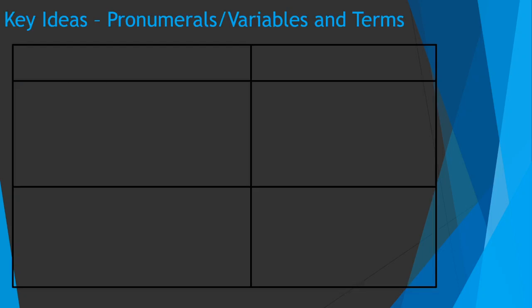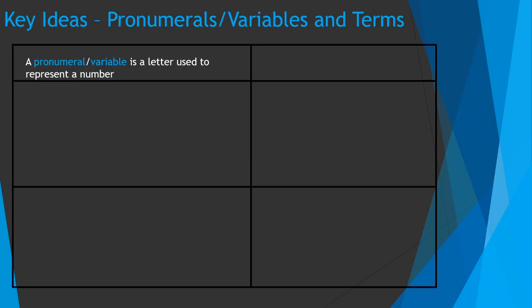So a big part of algebra is trying to figure out the unknown. And I guess that's why a lot of people struggle with it, because it's something that we don't know, which makes us think that we don't understand it. So when we're looking at the word pronumeral or variable, it is a letter used to represent a number. And usually this number is something that we don't know.